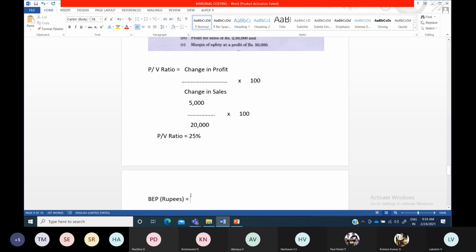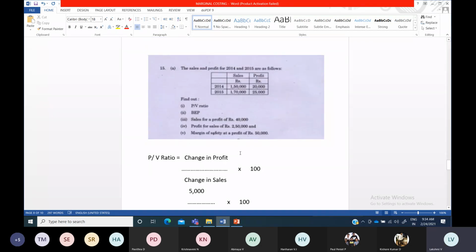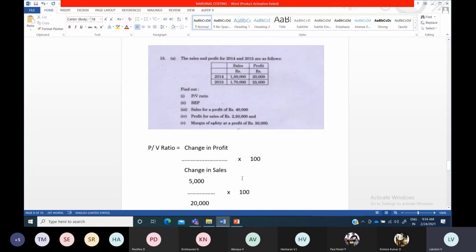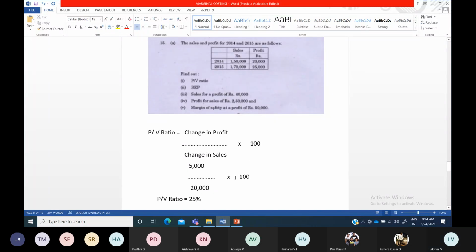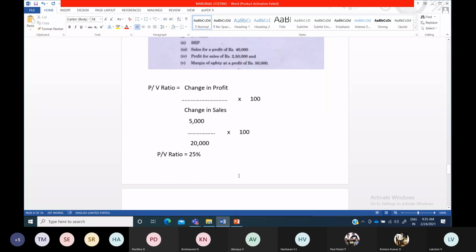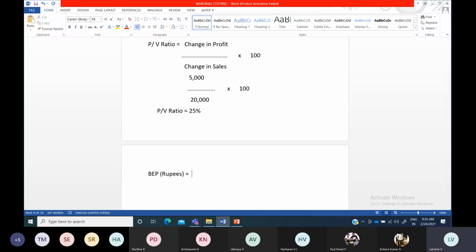Then automatically your formula should come to your mind. What is the formula for break even point? Break even point formula in rupees is fixed cost divided by PV ratio.